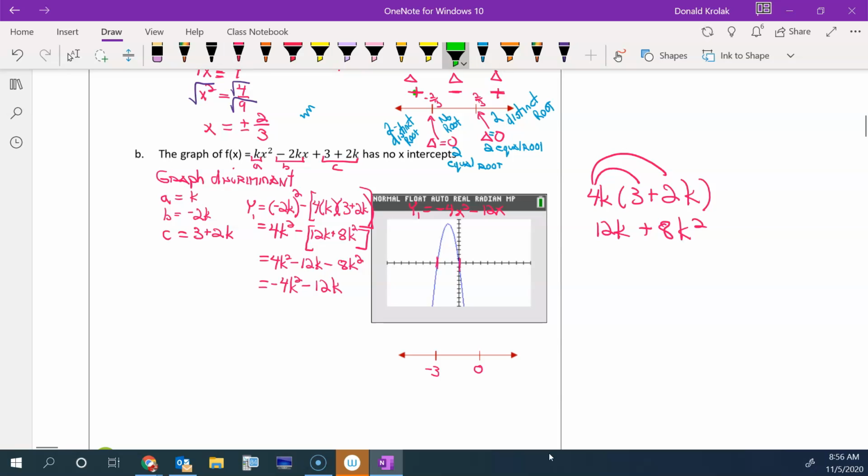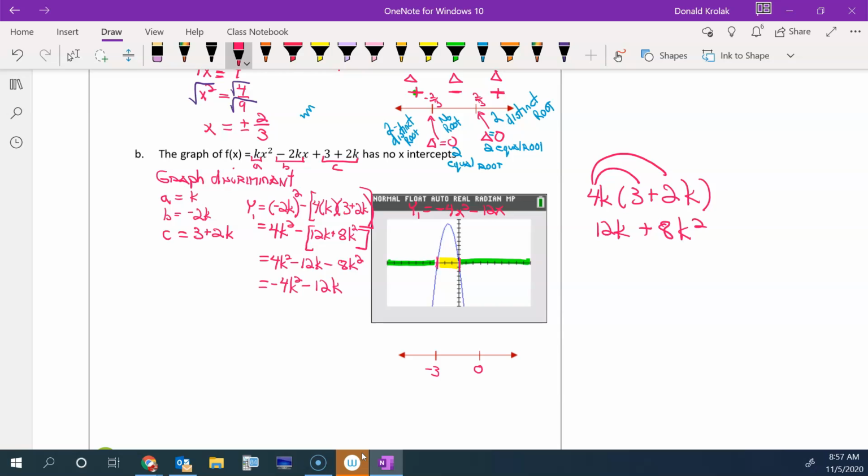Now, what sign am I going to put to the left of negative 3, positive or negative? Negative.